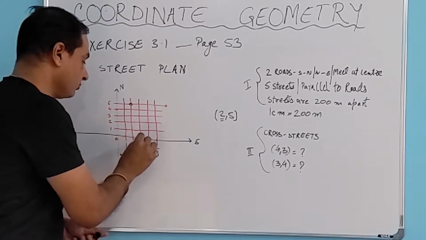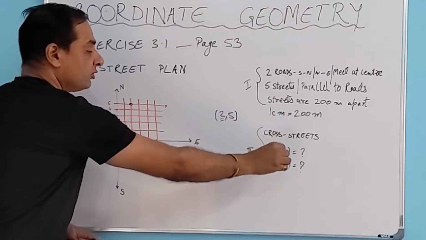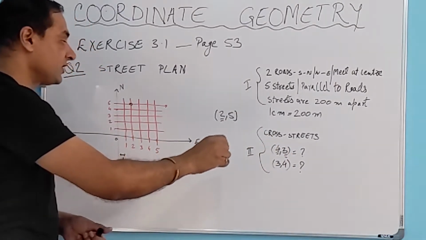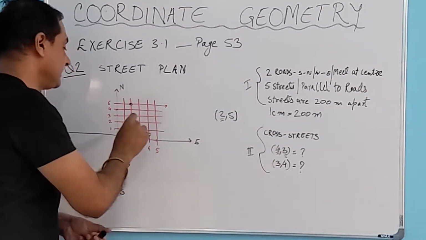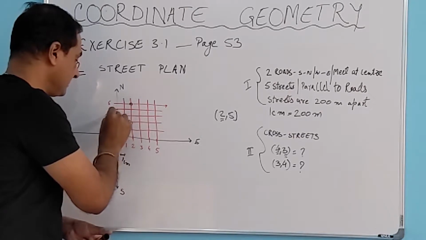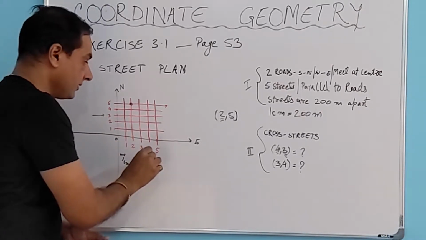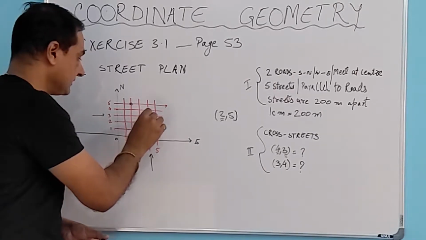So we say 1, 2, 3, 4, this is the street over here, and then 4, 3. So if we look at 3, by definition given in the example, the second number is the street which is running east to west. So 1, 2, 3, this is the street, and this is the fourth one. So where they intersect over here.